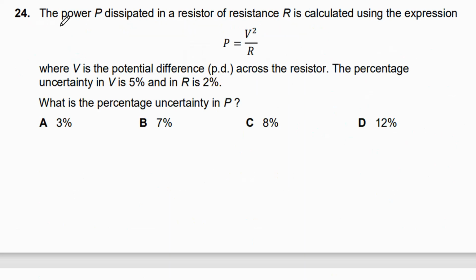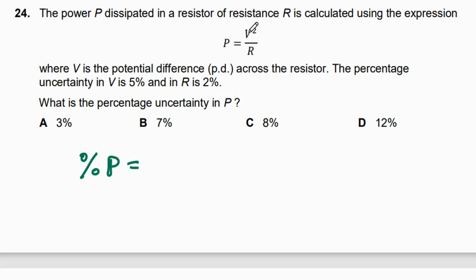In question 24 it says the power P dissipated in a resistor of resistance R is calculated using this expression, where V is the potential difference across the resistor, and the percentage uncertainty in V is 5%, and in R it's 2%. What is the percentage uncertainty in P?